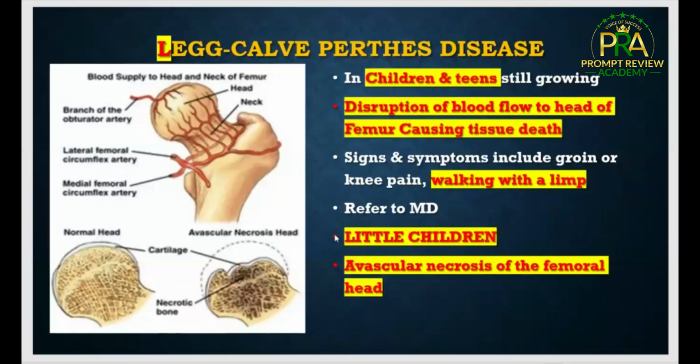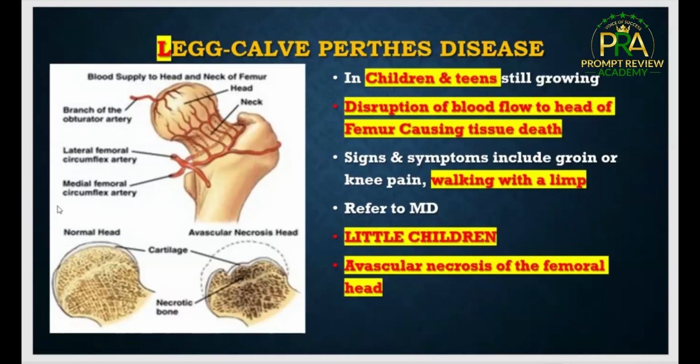So that means that there is no blood flow, or there is limited blood flow to the head of the femur. So that is why we say it is the avascular necrosis of the femoral head, the head of the femur. Okay, so it's usually seen in children between the ages of 4 to 10 years.